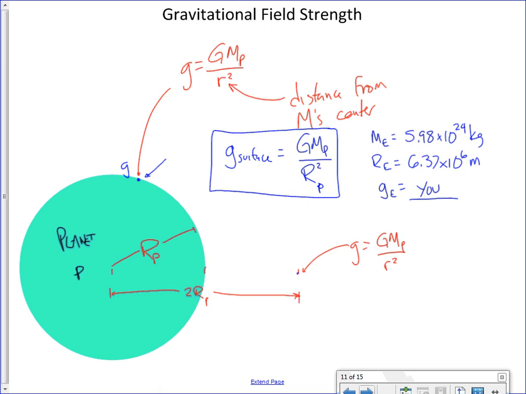Now, notice what we've done. We've said G, mass of the planet, and we've made the separation, the distance from this planet's center, twice the planet's radius. So what that does is make this 4 RP squared.